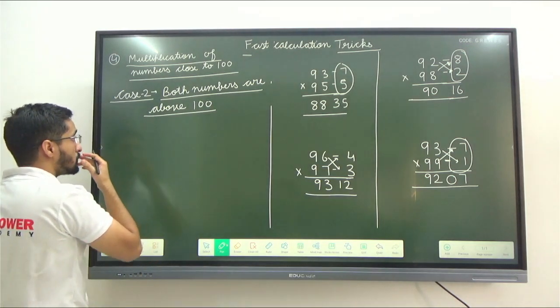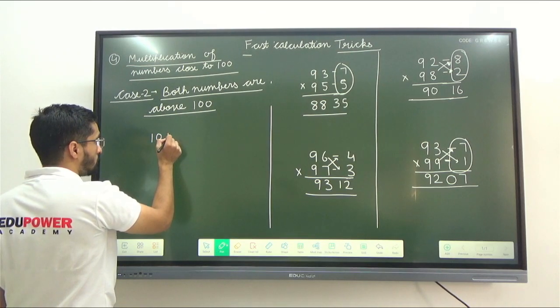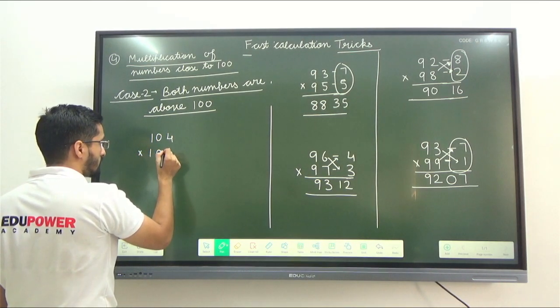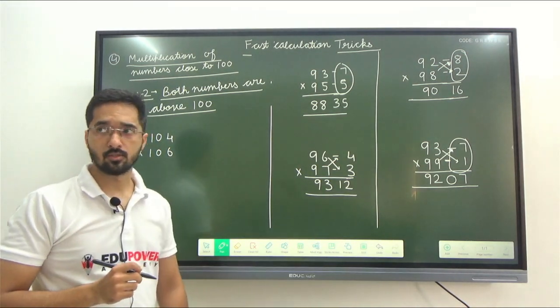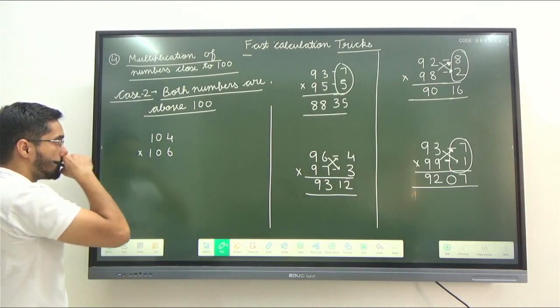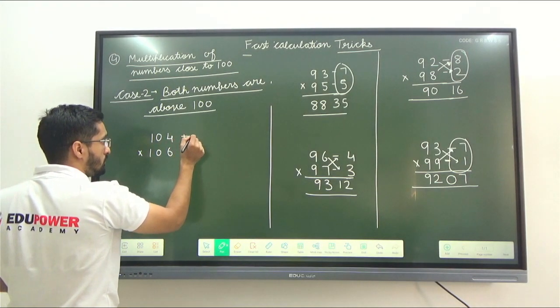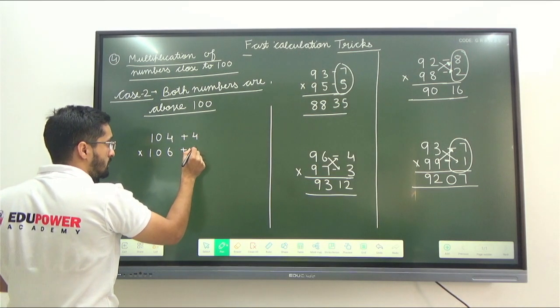Again, suppose we have to do 104 into 106. Again same trick. 104 is above 100 by plus 4, and 106 is above the base 100 by plus 6.